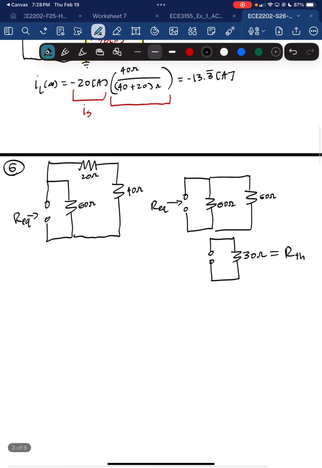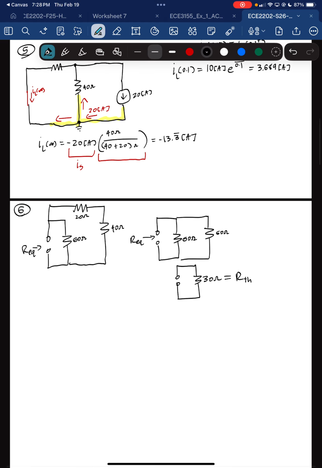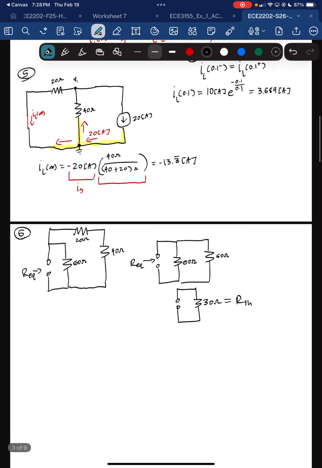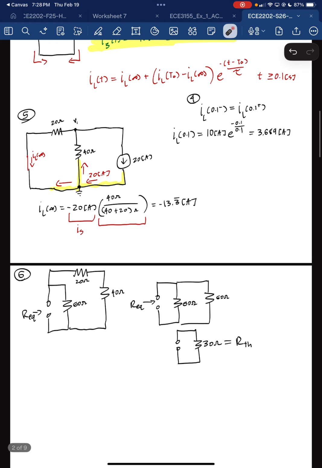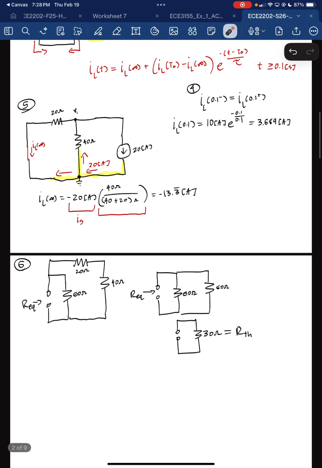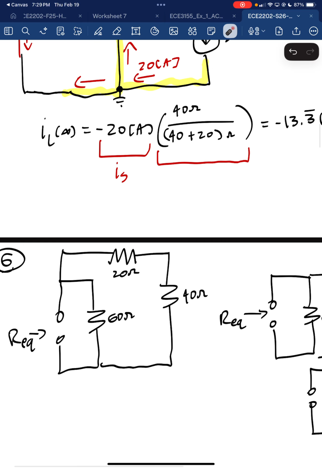Why do we have an open terminal on the left of the 60, where the inductor is? Where the inductor was? Yeah, so when finding a time constant, what you're doing is you're finding the Thevenin resistance as seen by the inductor or the capacitor, in this case, inductor. So when you're finding R Thevenin as seen by a specific component, the procedure is you take that component, you remove it from the circuit, and you replace it with two terminals, like these.